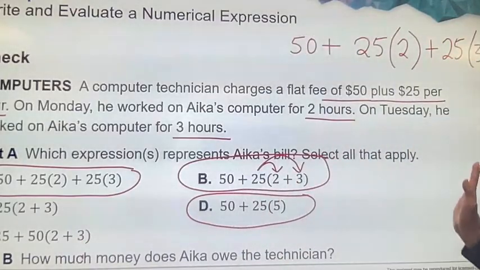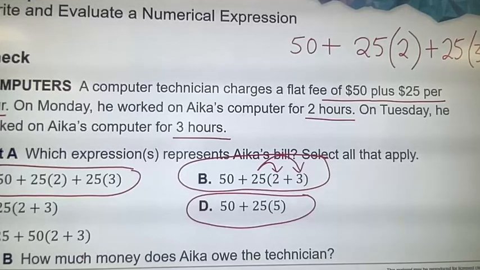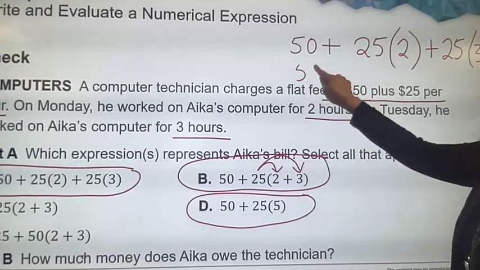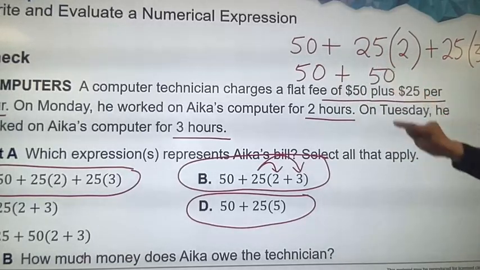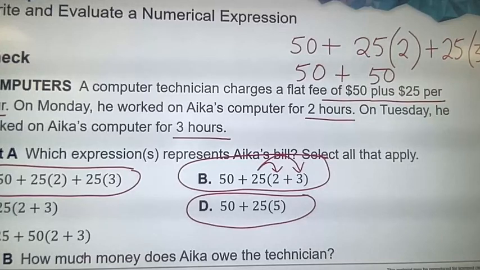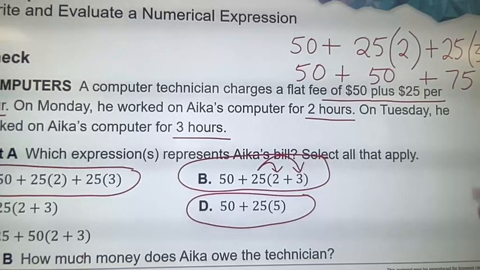So once I have this, now I can simplify, and I have 50, plus 25 times 2 is 50, right? Plus 25 times 3 is 75.